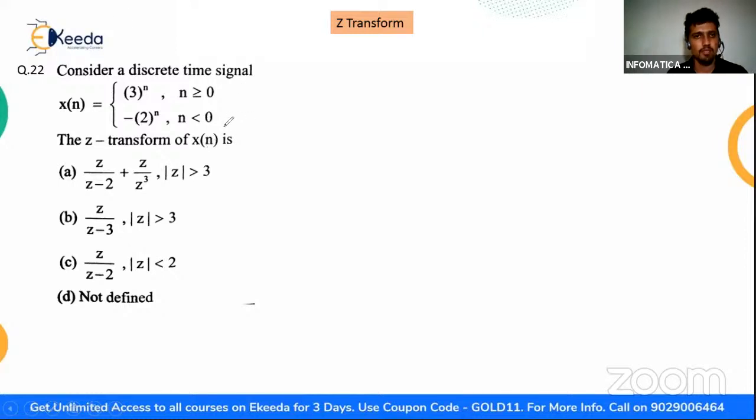Z transform they have mentioned. So we can write it as 3 raised to the power n u of n, minus 2 raised to the power n u of minus n minus 1.